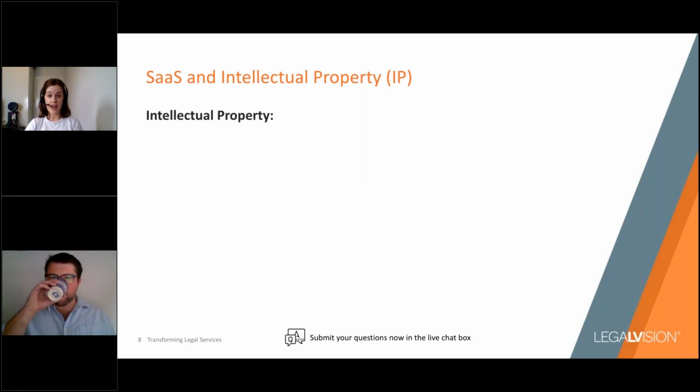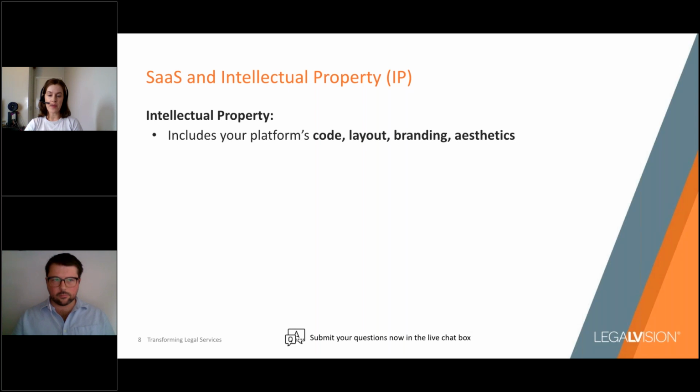And in terms of your SaaS, your IP will include all of the code relating to the operation of the platform. It'll include the branding, the layout, the look and feel of your platform. So this IP is really what makes your SaaS business unique, and it's where a lot of the value in your business is found.